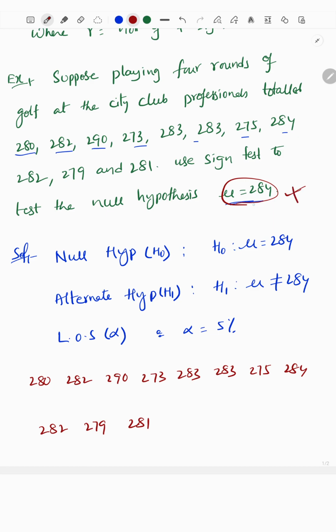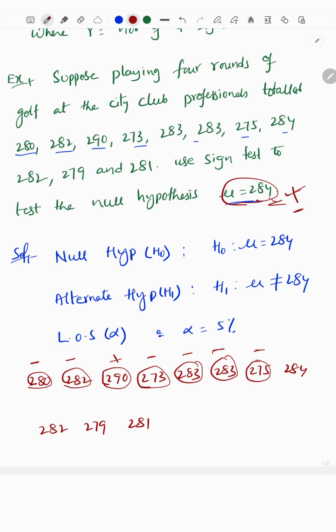If any observation is less than 284, we replace with minus. So the first one is 280, which is less than 284, so minus. Next 282 is less than 284, so minus. 290 is more than 284, so this is plus. 273 is less than 284, minus. This is also minus, this is also minus. Now 275 is less than, minus.